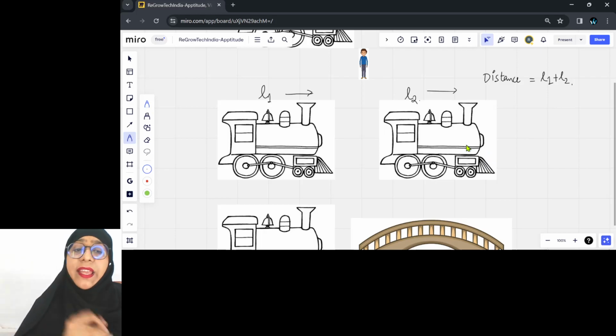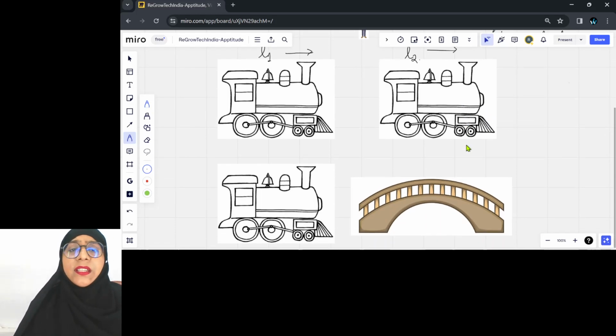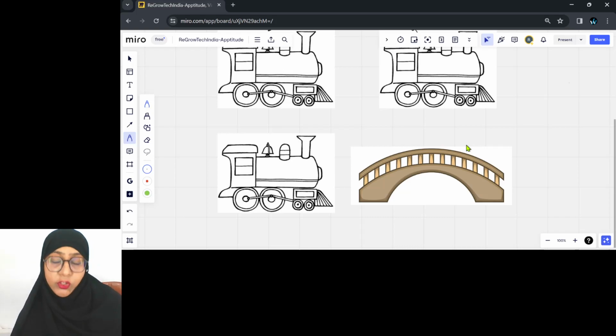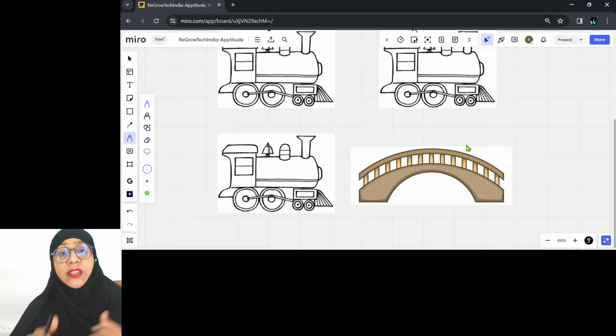Then there are several questions where we see that there is a train passing a platform. Now, a platform cannot be termed as a point object because it is quite large. Similarly, there is a train passing through a certain bridge. Again, it cannot be termed as a point object because a bridge is also quite large.